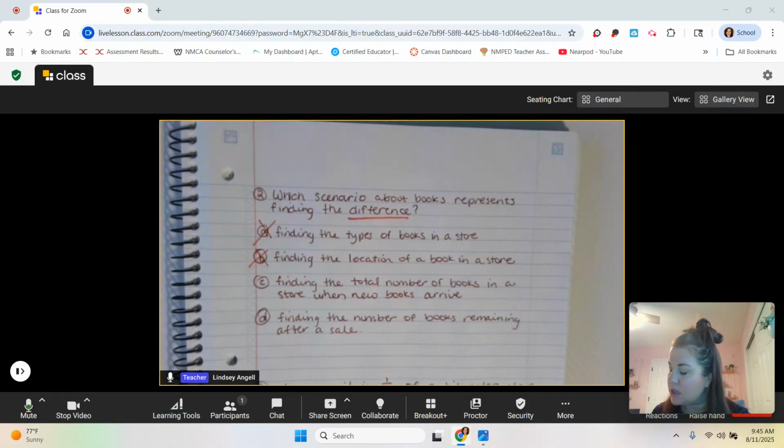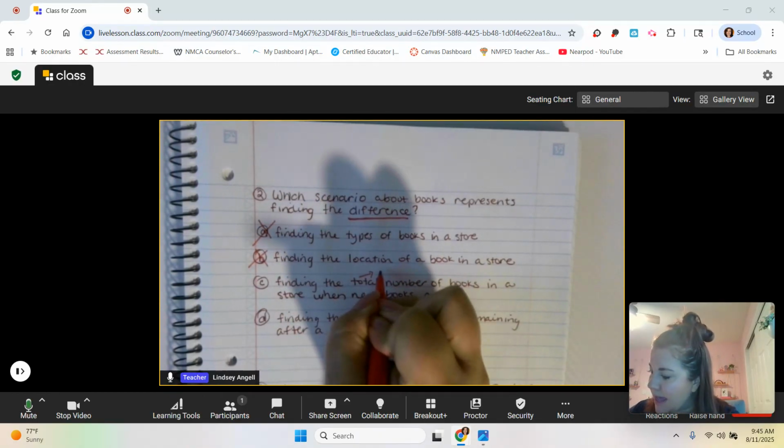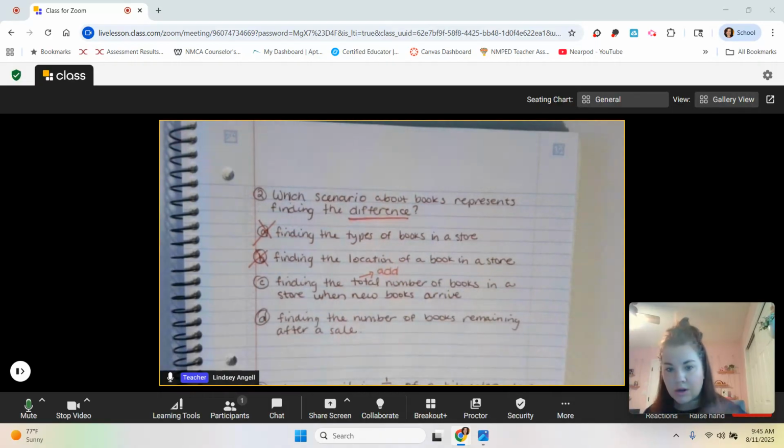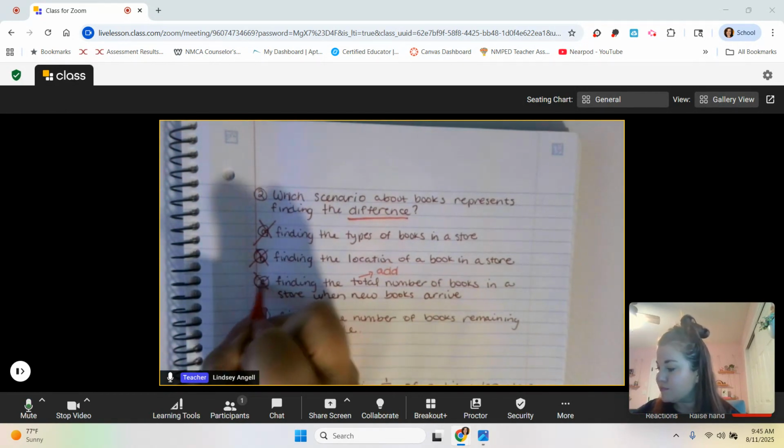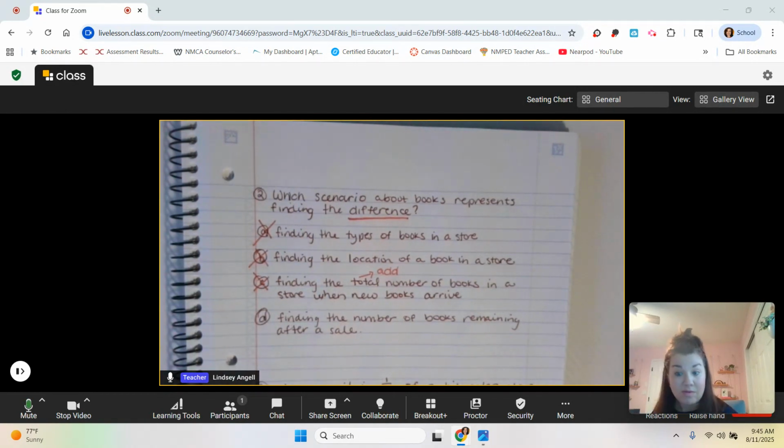Option C, finding the total number of books in a store when new books arrive. Total usually means to add, right? If you're combining everything, you're adding everything up, you're finding the total, not subtraction. You're not finding the difference. Well, that leaves us with D. Hopefully that's the right answer.